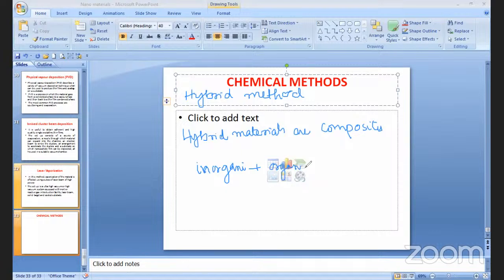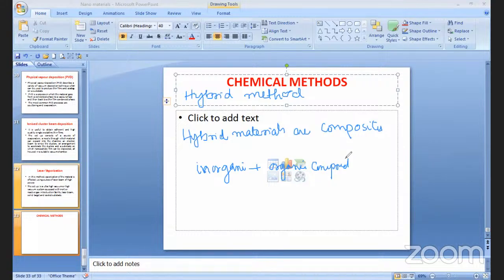They differ from traditional composites, where the constituents are macroscopic, meaning micrometric or millimeter level.